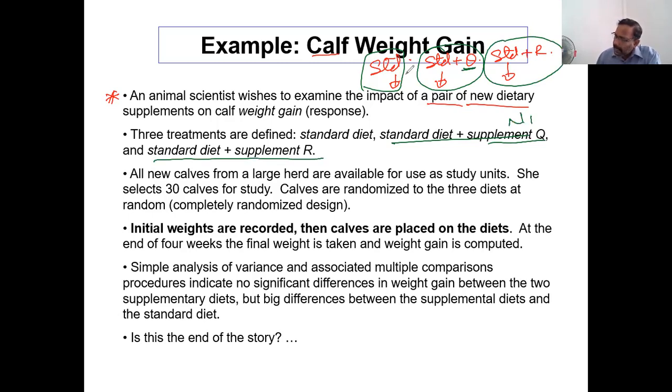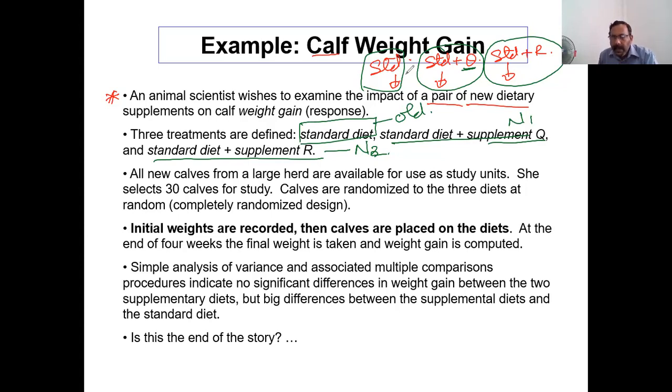The other is standard diet with supplementary R, the new diet 2. The standard diet is the old one that we have. So altogether we have 3 diets. Is it clear?